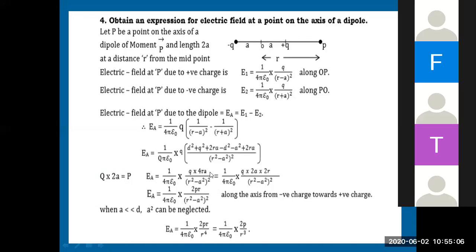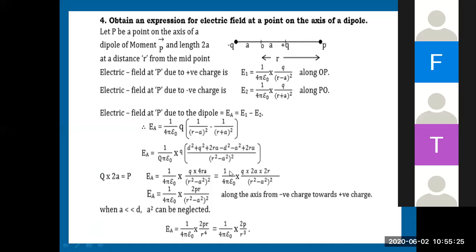So 4AR can be written as 2A into 2R. So when you do that, this Q into 2A will be replaced by the symbol P. P is called your dipole moment. So 2A into Q will become P.